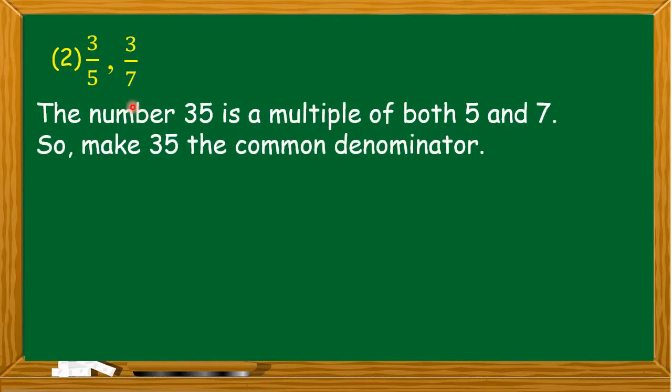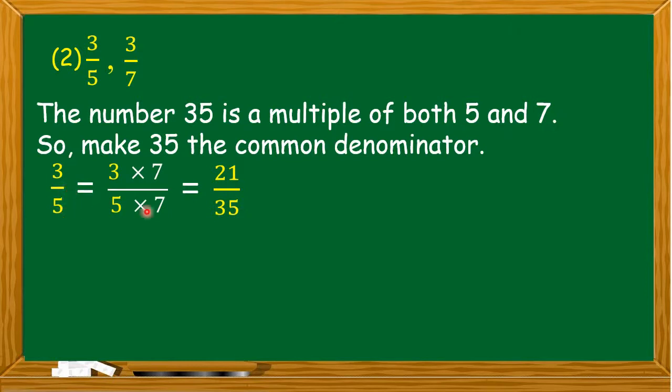Now, in order to make 35 the common denominator, we have to multiply the first fraction by the denominator of the second fraction. That is, we have to multiply 3 upon 5 by 7. So, after multiplication, we get 21 upon 35 as the first fraction.